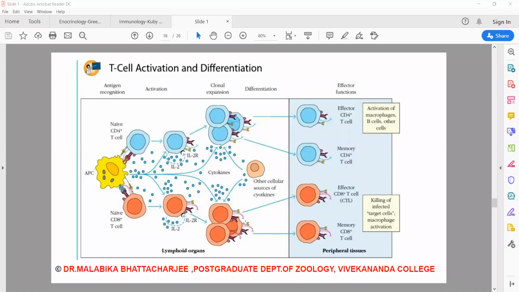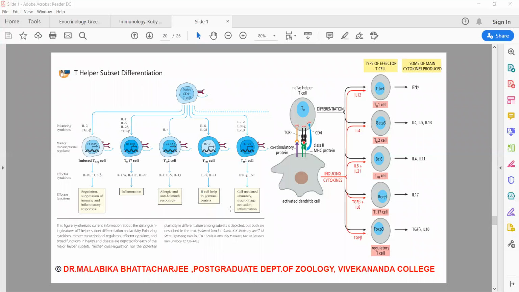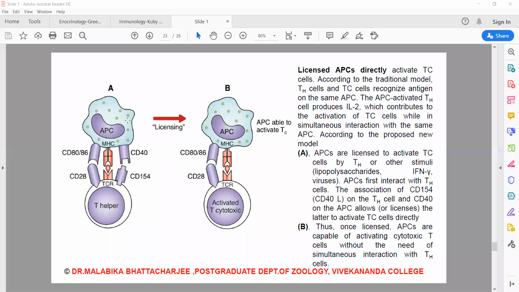But later on, this concept was challenged, and it was seen that an antigen presenting cell initially first interacts with a CD4 positive mature T lymphocyte. Only after the complete interaction and the signaling process is completed, the antigen presenting cell, if it has any self antigens to express, further expresses the MHC class 1 with mutated self antigens to the T cytotoxic cells.